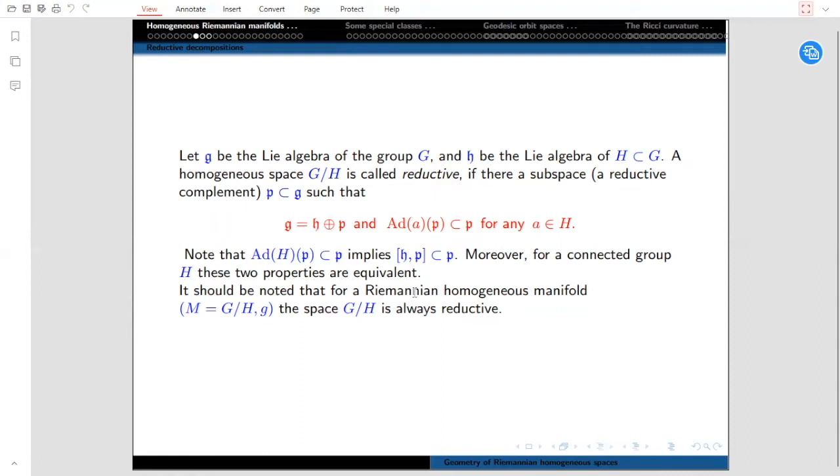Moreover, for a connected group H, these properties are equivalent. If H is connected, it's the same, in fact. It should be noted that for a Riemannian homogeneous manifold, the space G/H is always reductive. It's not so easy, but not so difficult to prove really, but it's very standard. We use the Riemannian structure to prove that there is some reductive complement.